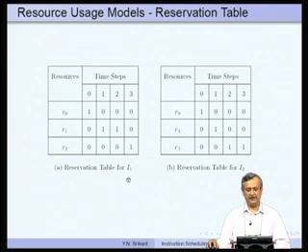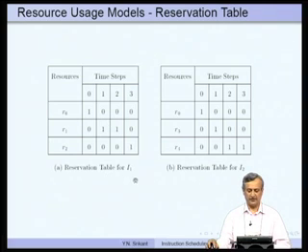So, we are going to have a resource reservation table for each instruction. Okay. So, for I1, a class of instructions, rather, each class of instructions will have a resource reservation table. This shows for the various time steps needed to execute any instruction in that particular class, what are the various resources used in the various cycles.